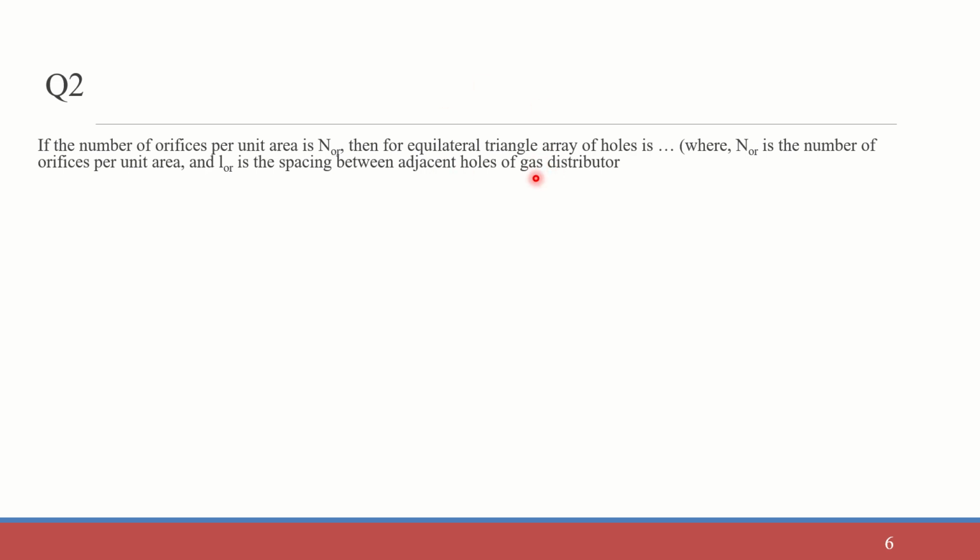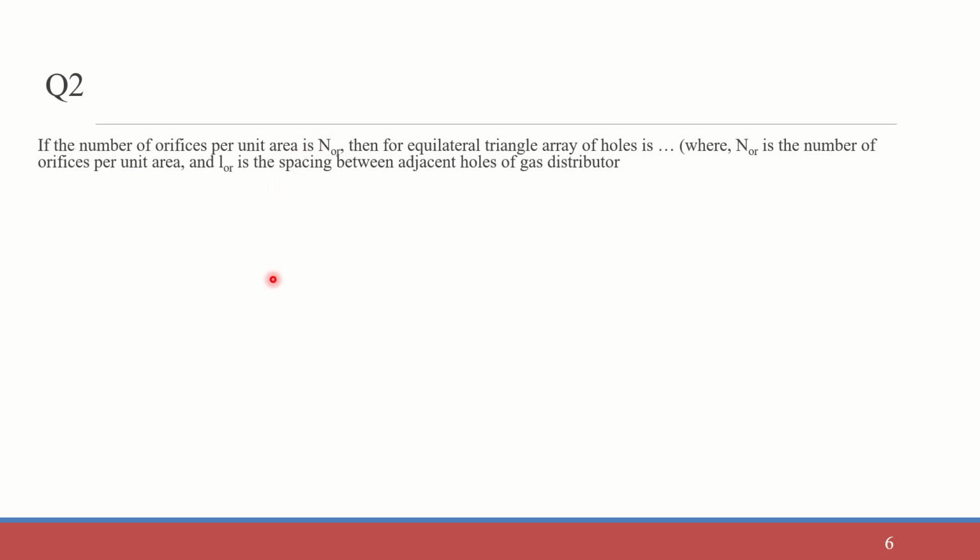For an equilateral triangle array of holes we need to see, NOR is the number of orifices per unit area, and LOR is the spacing between the adjacent holes. So NOR is nothing but the number of orifices per unit area: if you are taking 1 meter square, the number of orifices inside that area is NOR, and the spacing between two orifices, the distance between two orifices, is given by LOR.